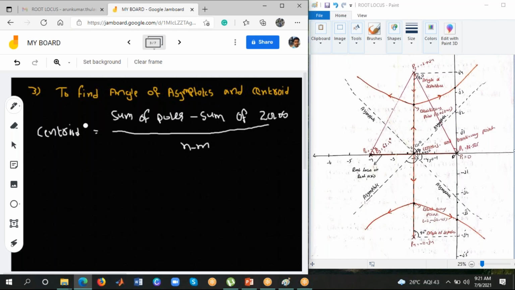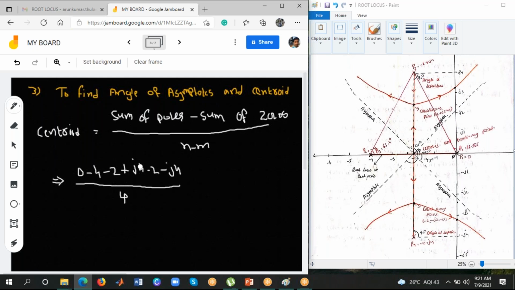So this is the formula for the centroid. Now we have the poles 0, -4, -2 plus j4, -2 minus j4, divided by n minus m, which is 4.